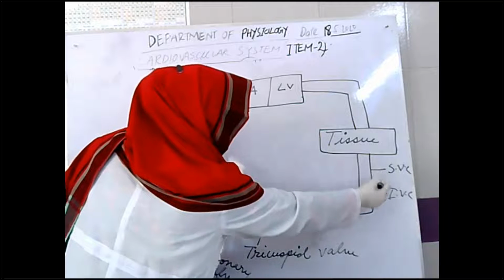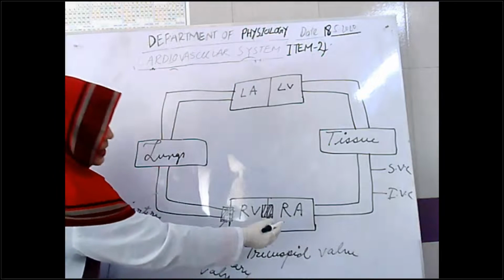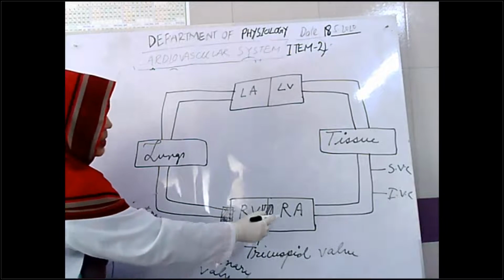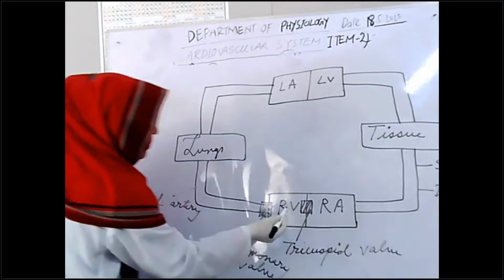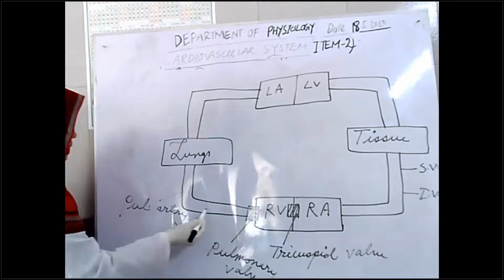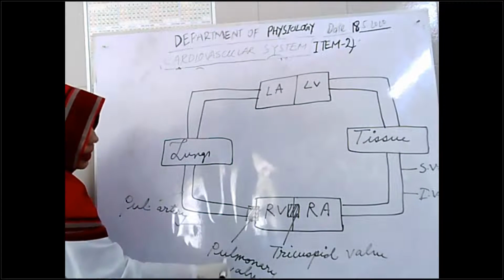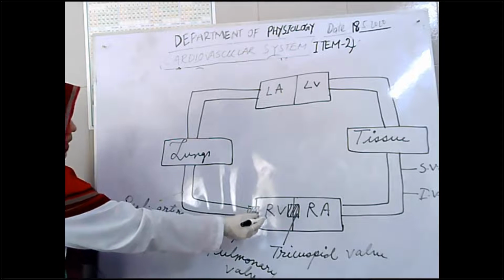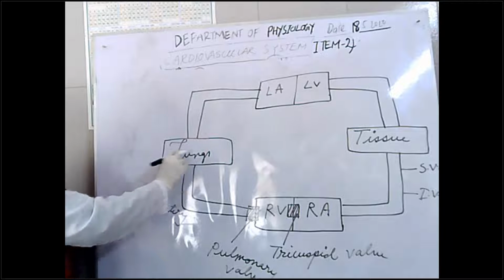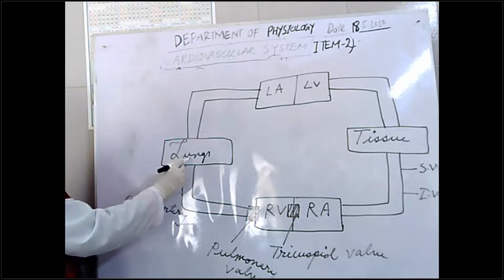Deoxygenated blood comes into the right atrium. Then from right atrium, blood comes into the right ventricle through the tricuspid valve. Then from right ventricle, blood comes into the pulmonary artery through the pulmonary valve or semilunar valve, and into both sides of the lungs for oxygenation purpose.